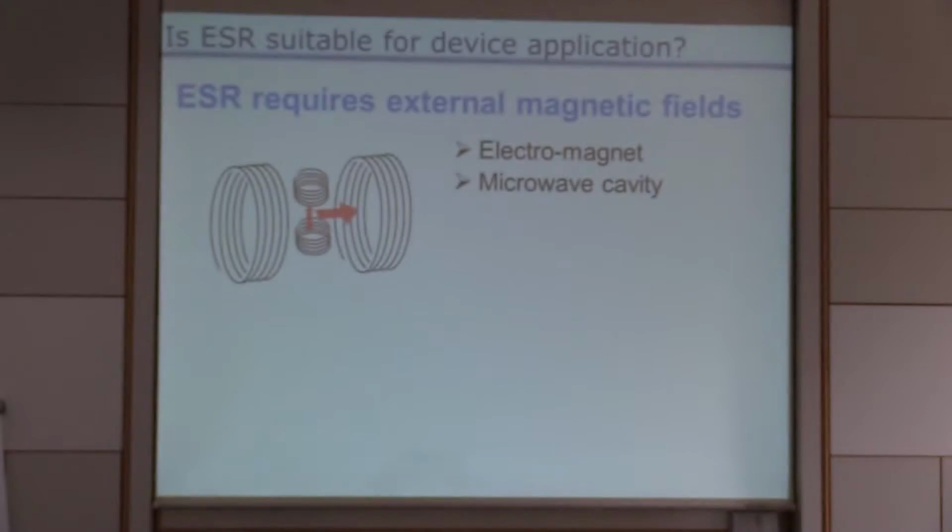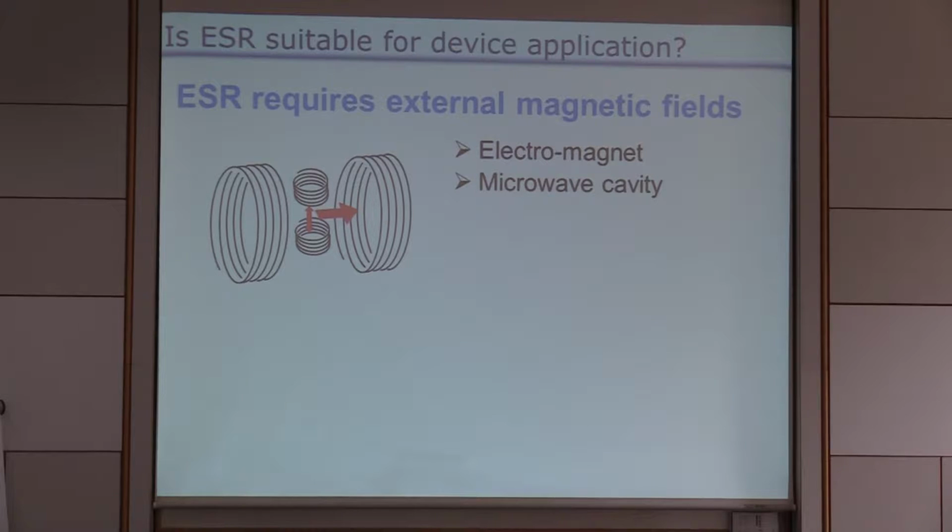But usually, these externally applied magnetic fields are produced by electromagnets or microwave cavities, and these generate magnetic fields whose extent is much larger than individual electrons.